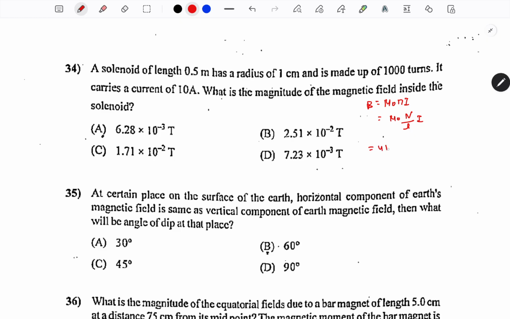So therefore 4 pi into 10 to the power minus 7 multiplied by 100 multiplied by 10 divided by 0.5. On solving this, the answer is 2.51 into 10 to the power minus 2 Tesla. Option B.